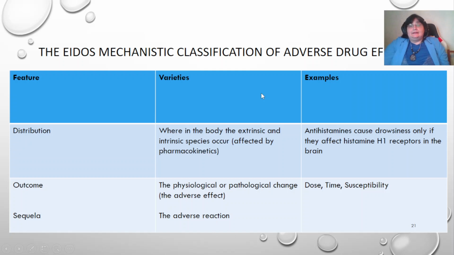Distribution: where in the body the extrinsic and intrinsic species occur, affected by pharmacokinetics. For example, antihistamines cause drowsiness only if they affect histamine H1 receptors in the brain. Outcome: the physiological or pathological change, the adverse effects, dose, time, toxicity, and sequela, the adverse reaction.